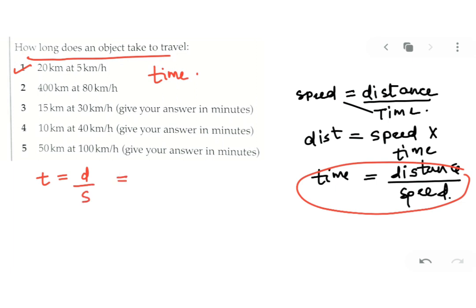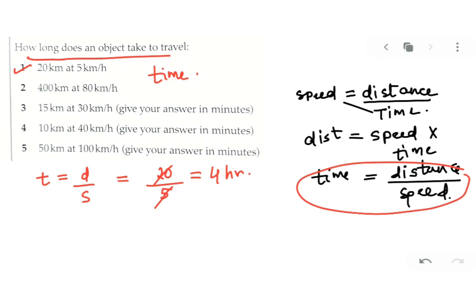In your problem number 1, your distance is given 20 kilometers and your speed is given 5 kilometer per hour. You do not need to convert any units because distance is in kilometer and speed is in kilometer per hour. So the time you will get will be in hours. So that will be 4 hours. Got my point clear?